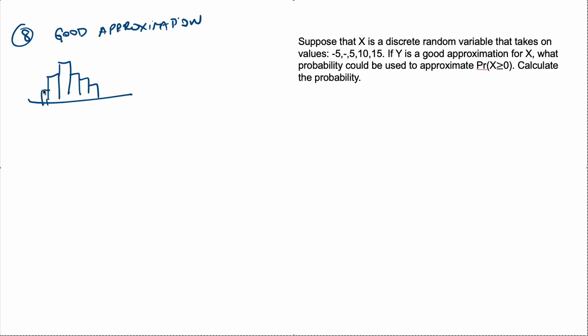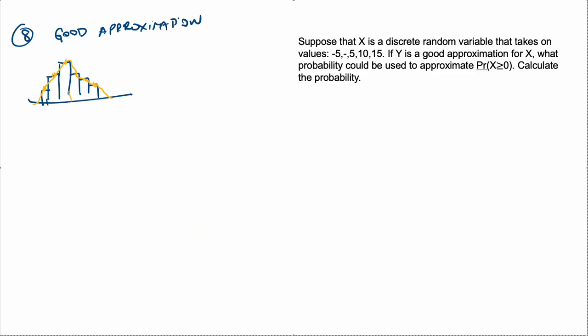And you're told that there's a smooth curve that fits, meaning that it has the trend of that histogram. It fits very well, so you can approximate the area of whatever you're calculating by calculating the area under the smooth curve, okay?